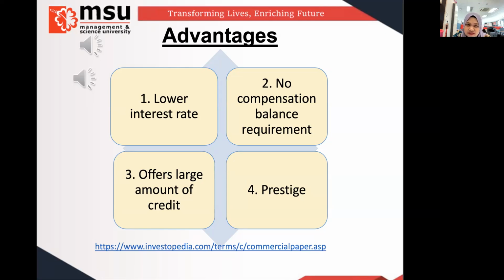Not all companies can, even a big company, because we look into lots of criteria to issue the commercial paper. So the companies able to issue it are very good companies, and they get their name by issuing the paper.